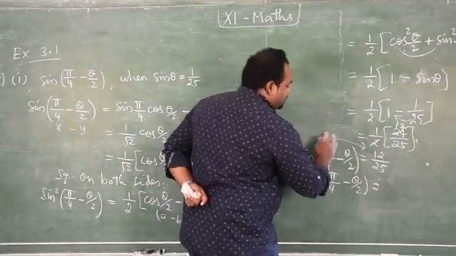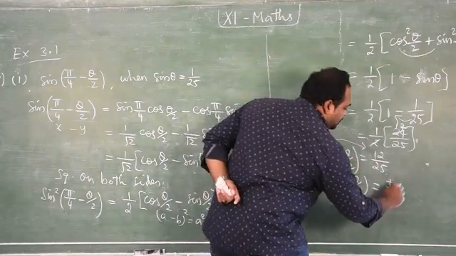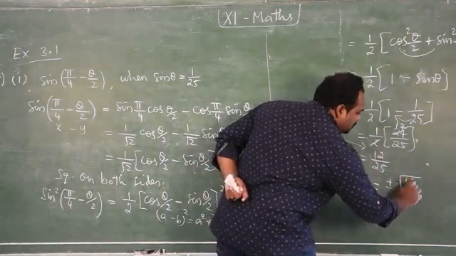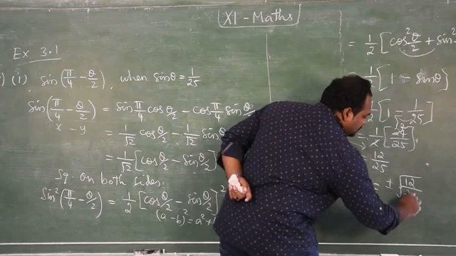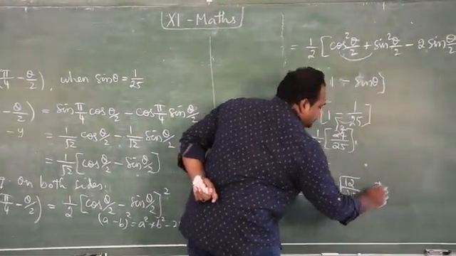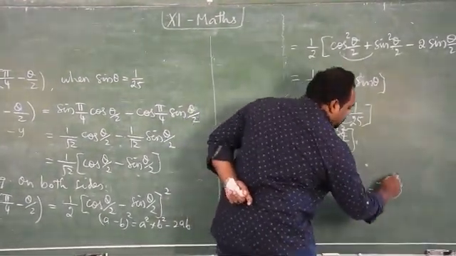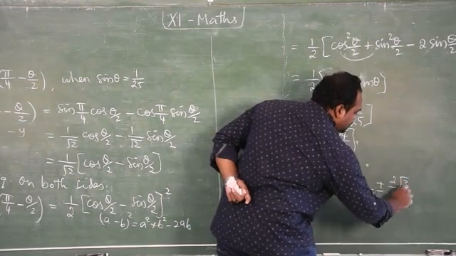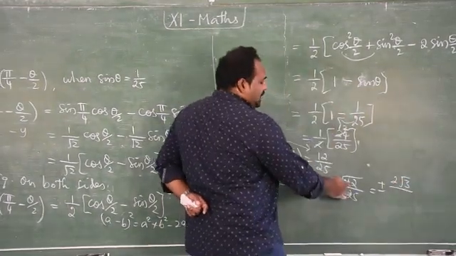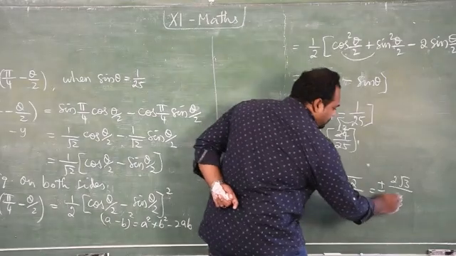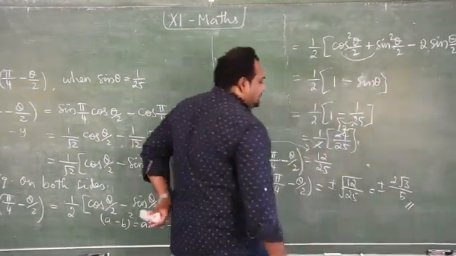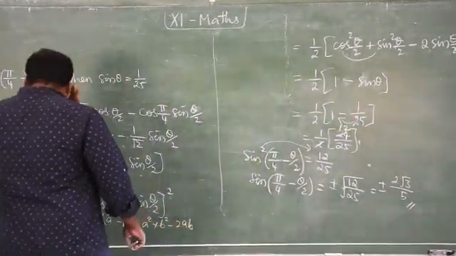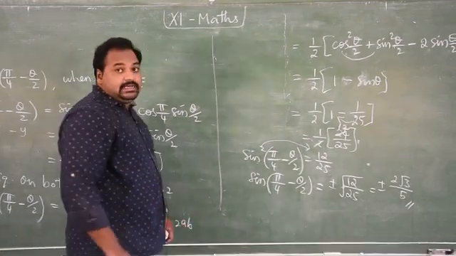So when you take the square root on both sides, it will be plus or minus root 12 by 25, plus or minus 2 root 3 by 5. Root 12 can be written as 2 root 3, and root 25 will be 5. So this is the answer for sin of pi by 4 minus theta by 2.